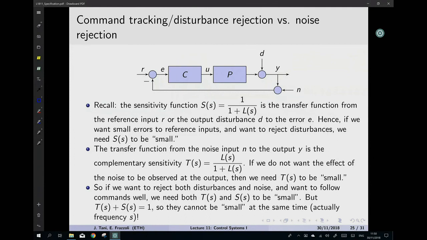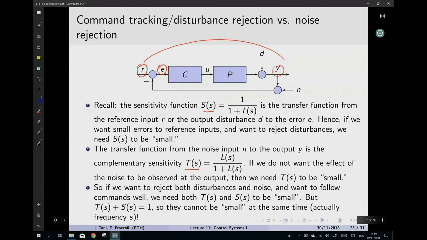And so if you recall, we saw that the transfer function between these two signals, R to E, was the sensitivity function. For example, R to Y, it was the complementary sensitivity function.